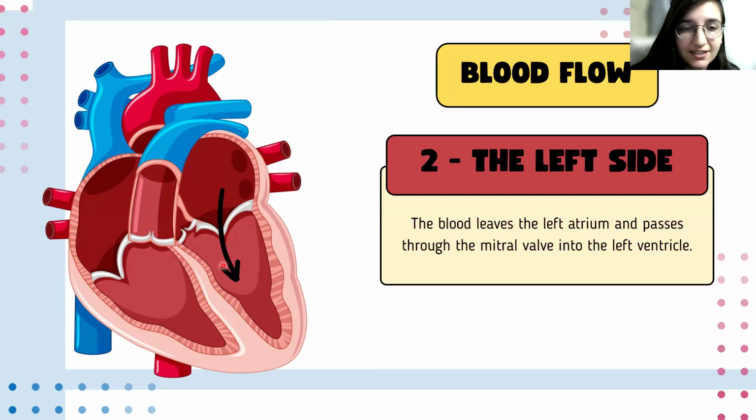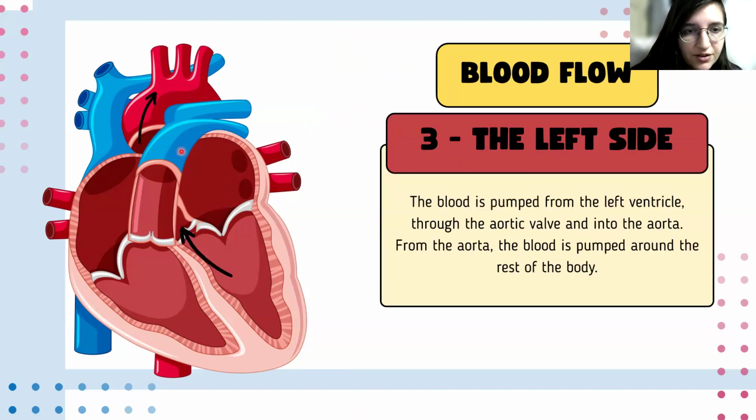Your cells need that oxygen. So there, it has gone to the aorta. And the aortic valve here controls all the flow. So it goes here and the blood is then pumped to the rest of the body.